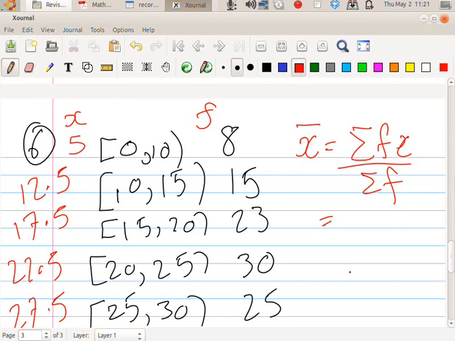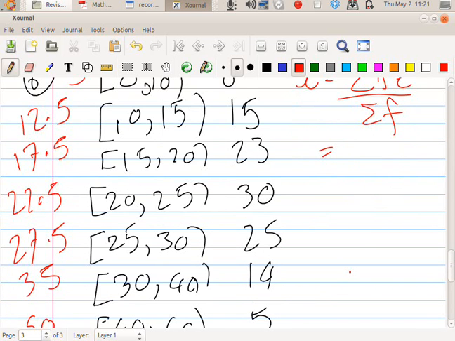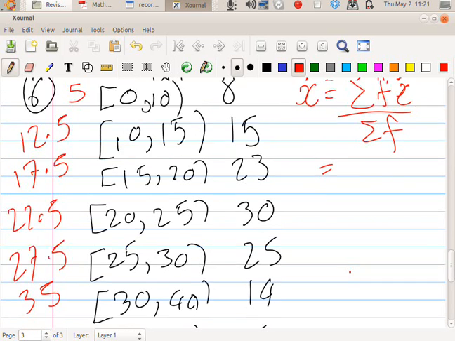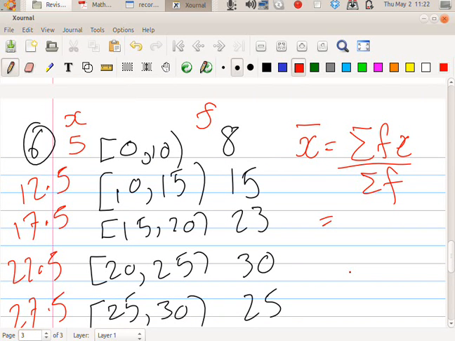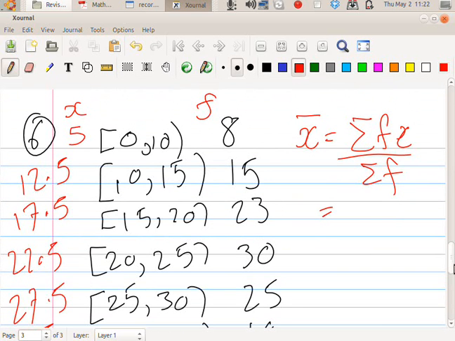Okay, 5, 12.5, 17.5, 22.5, 27.5, 35, 50, times the frequencies 8, 15, 23, 30, 25, 14, 5.